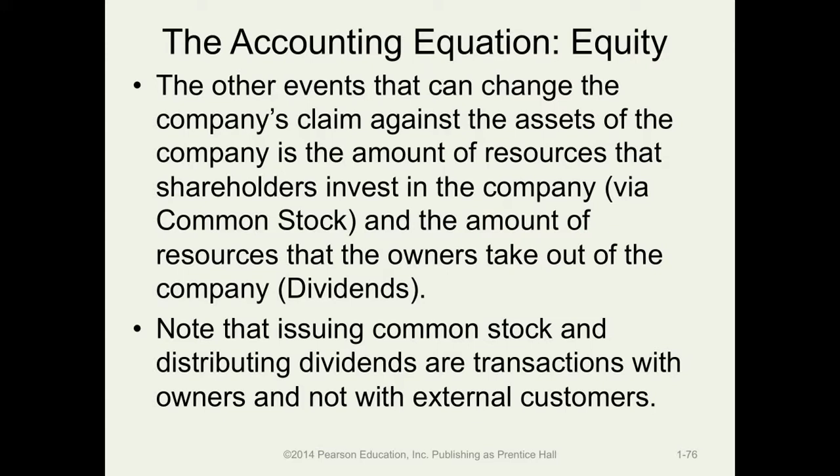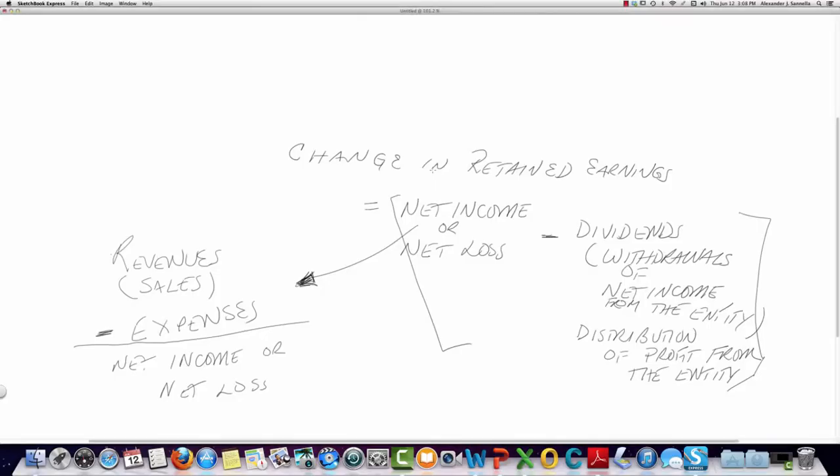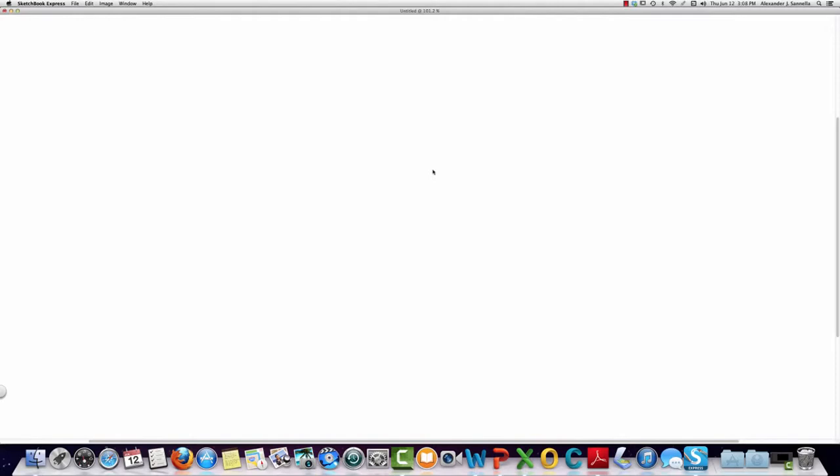What you see here is known as, or could be called, a capital transaction. When shareholders invest in the company or when there are dividends paid, these are not expenses. These are not revenues. So if we go back to the whiteboard and take a little bit of a breather and just go back and look at equity.